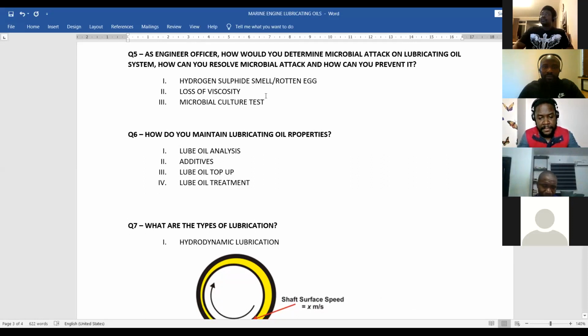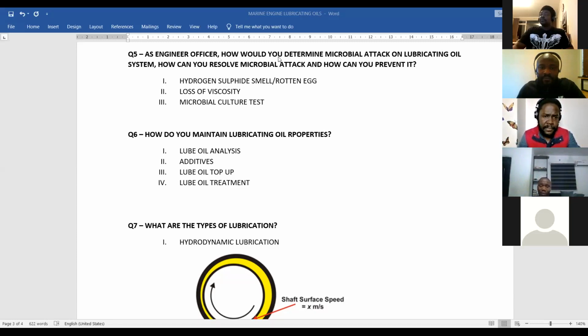At the end of the day, the lube oil pump failed. That's bad, because the discharge valve was blocked. The valve was not flowing properly. So at the end of the day, the engine ran on low lube oil.